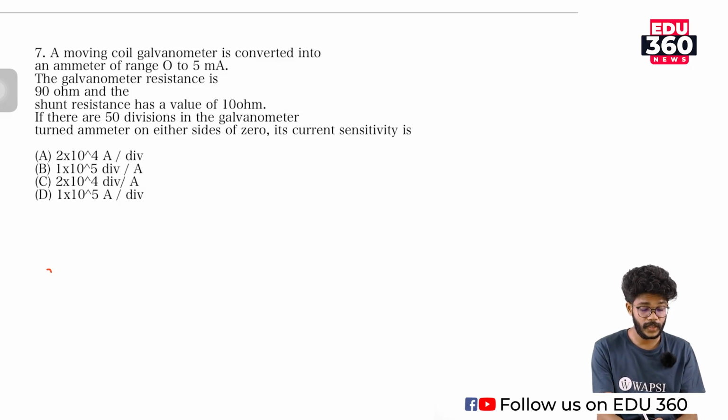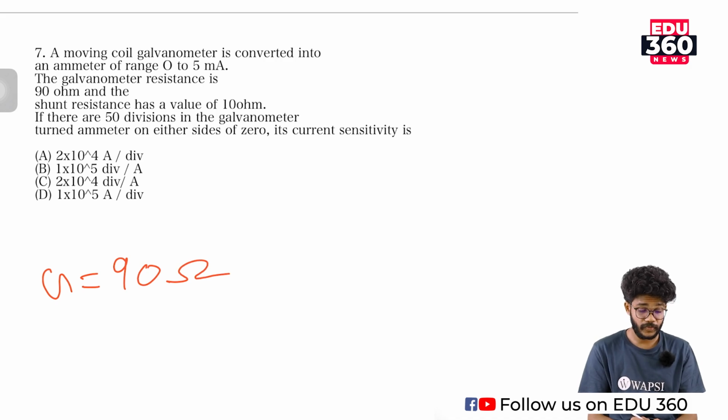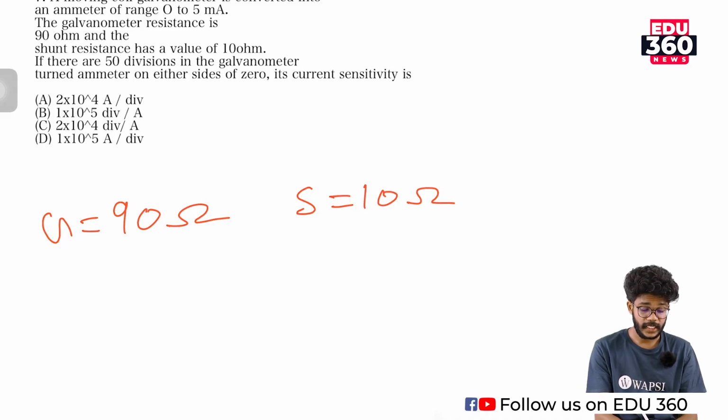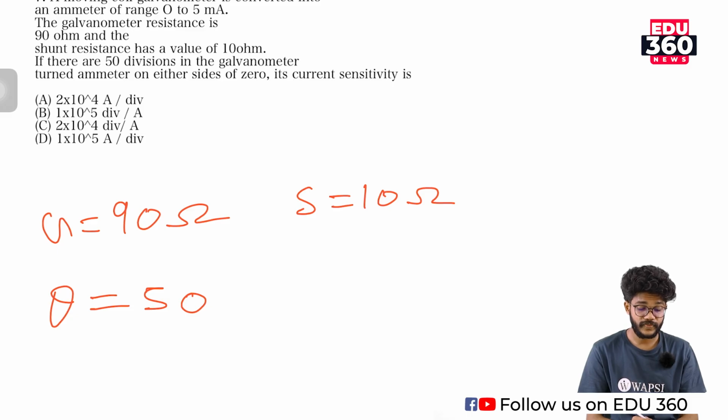So G is equal to 90 ohm, the resistance of the galvanometer. Shunt resistance has a value of 10 ohm. S is equal to 10 ohm. If there are 50 divisions, then theta is equal to 50 in the galvanometer and ammeter on either side of zero.